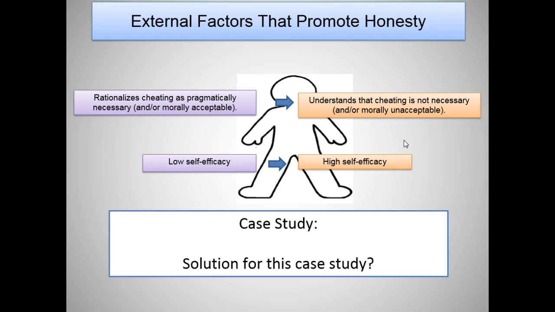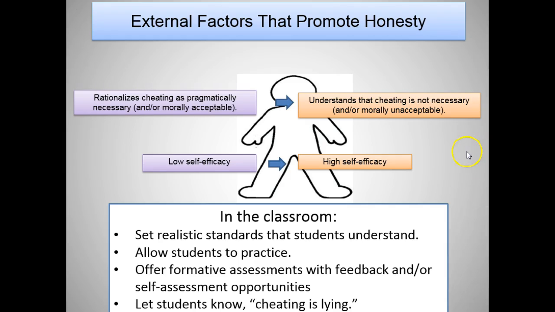I think it can really help students, though, because if they are better at self-efficacy and more accurate at knowing what they can do, they're less likely to cheat, or they're more likely to implement study strategies to help them know. So what can we do? Set realistic standards that students can understand. Allow students to practice.